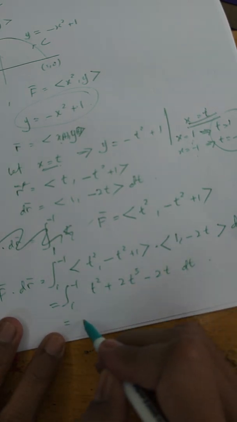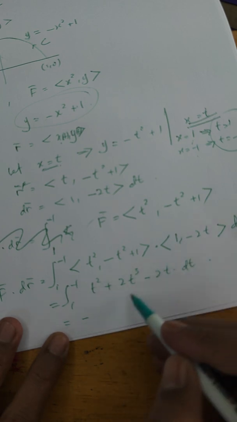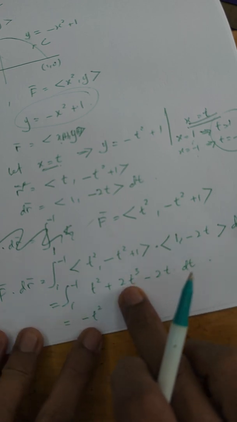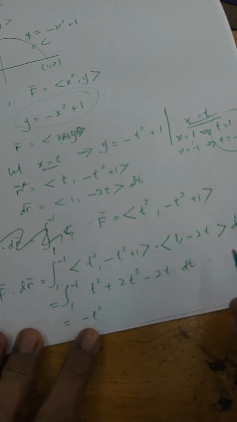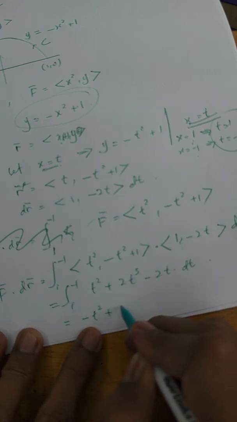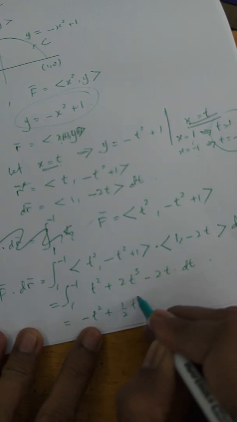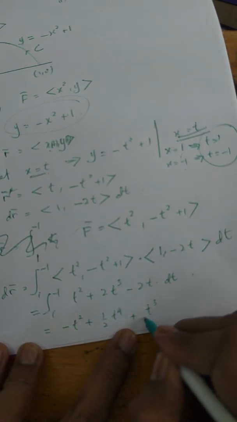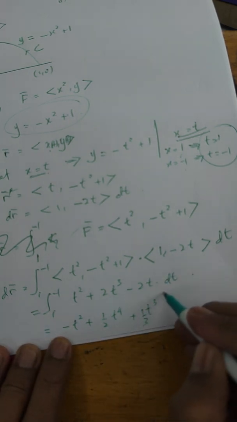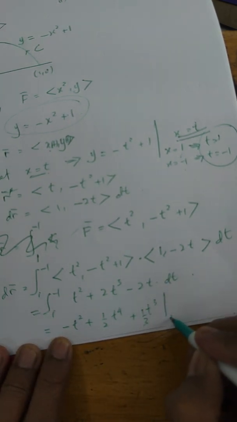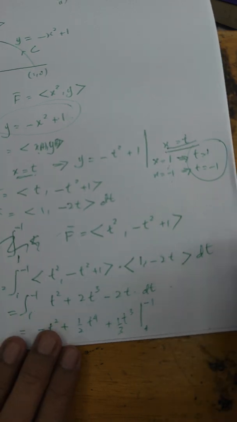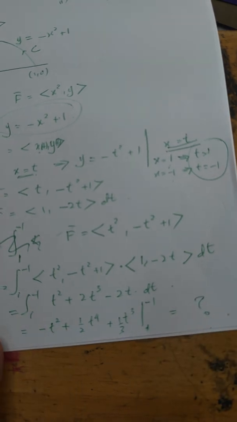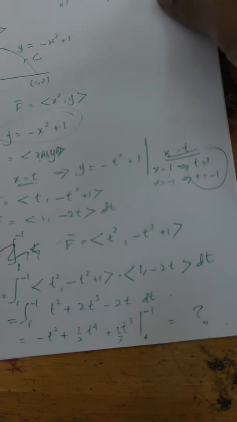Minus 2, so we have minus t squared over 2, the 2s cancel out, so we have minus t squared. That one you have t to the 4 over 2, so plus 1 over 2 t to the 4, plus that one you have t cubed over 3. Then evaluate from 1 to -1. Unfortunately, I don't have a solution here. You can just evaluate this. It's not difficult, so you can try this.